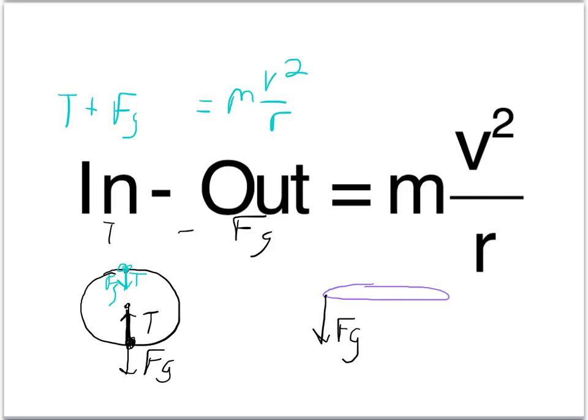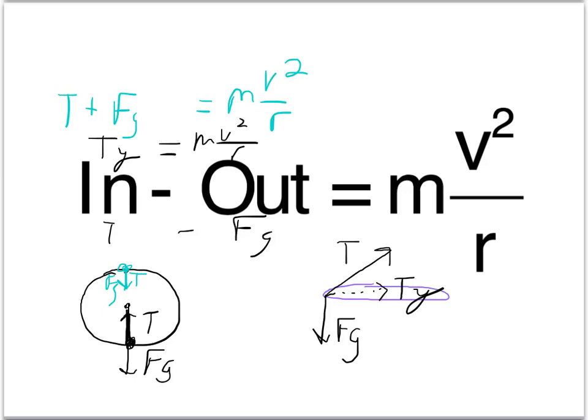The only force here was part of the tension, so the tension pointed this way, and therefore the y component of the tension was what pointed into the circle, and that was your only force. So in that, it should have been Ty equals mv squared over r. And you had to use trigonometry, sines and cosines, to figure out Ty. That's how you did that.